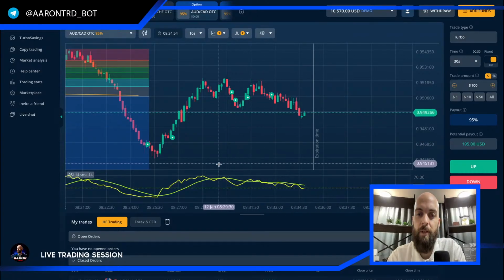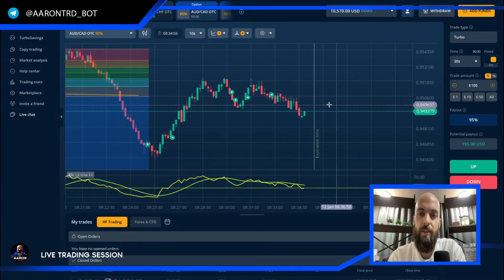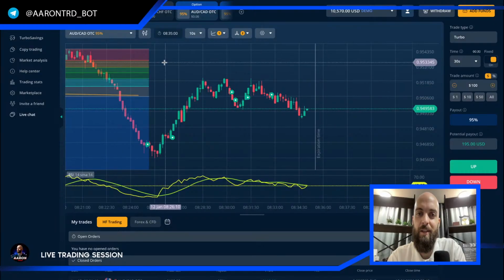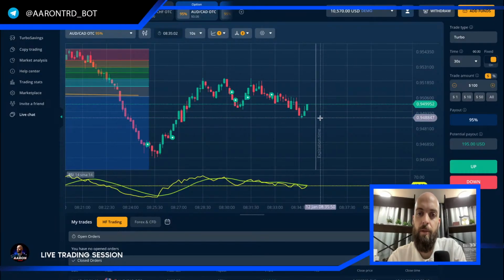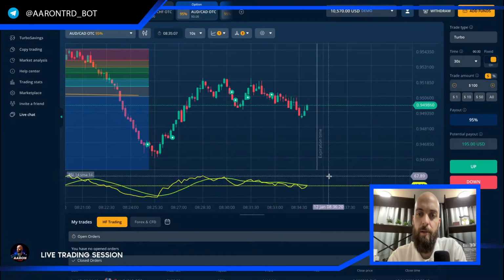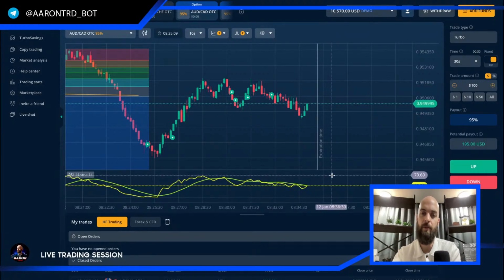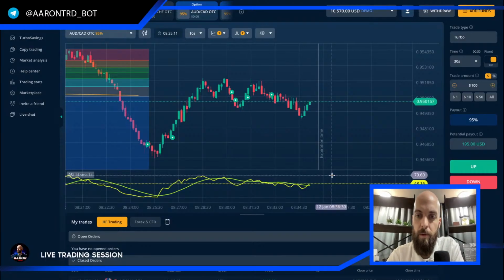Okay, we can see momentum's coming down and price is wanting to stay the same. It's kind of ranging, but we've got a bit of a downturn here still. So I'm going to let price get up a little bit higher. Don't think we're going to hit the 70 again anytime soon, but could be wrong.